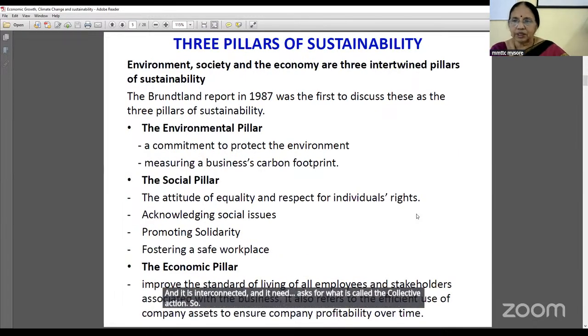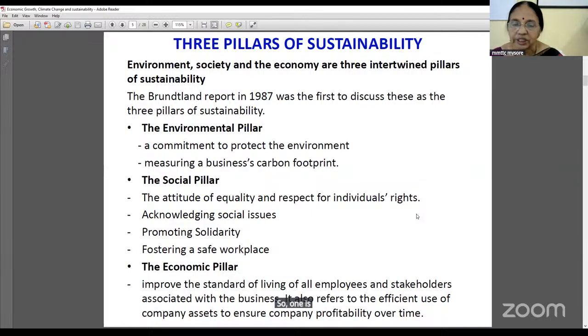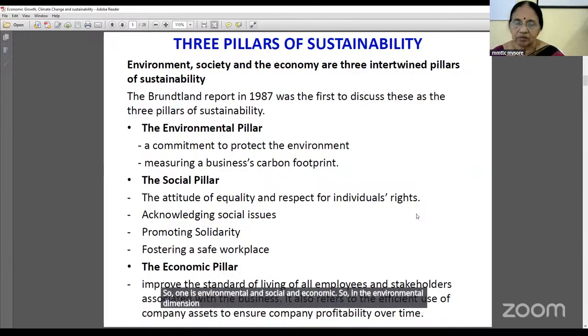There are three important pillars of sustainable development, as I told you earlier. We can also call them dimensions. One is environmental, and social, and economic. The Brundtland Commission spoke for the first time about these three pillars of sustainable development.